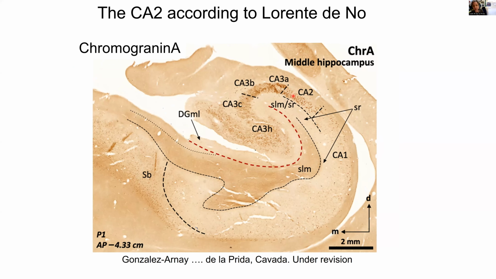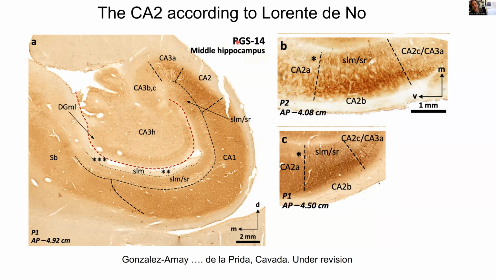And in human, what we noted was that RGS14 is actually expressed in CA2, and you can clearly identify the limit of the mossy fibers, and you can look for the expression of these RGS14 positive cells here at the limit with the mossy fibers, staining the CA2 region.